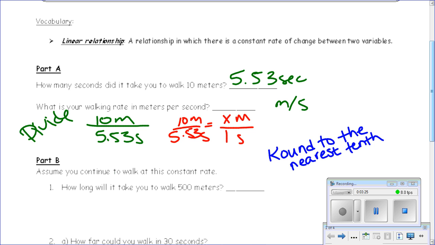So for this, I would just do my cross multiplying, multiply those, and divide it, which is basically what we're doing right here in the green. So when I divide this on my calculator, now that you guys have calculators, what do I get, Eliana?